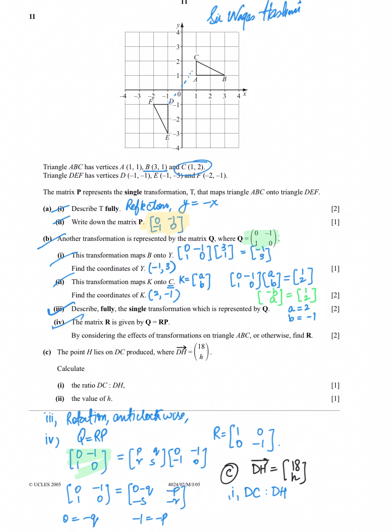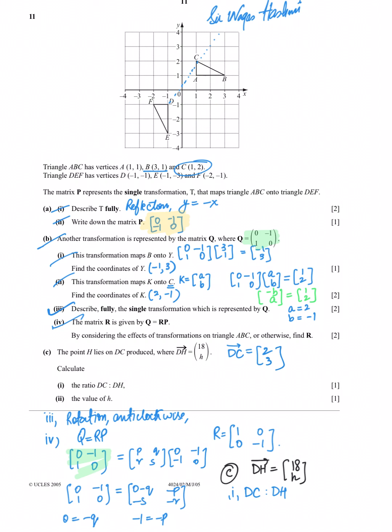So if we extend the line, we have a point H on it, right? What is the vector of DC? We can find it with the help of the diagram. If you need to go from D to C, count the number of steps. It's 1, 2, 2 steps on the x-axis, right? And how many steps on y? 1, 2, 3, 3 steps on the y-axis.